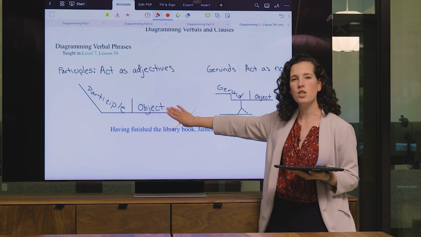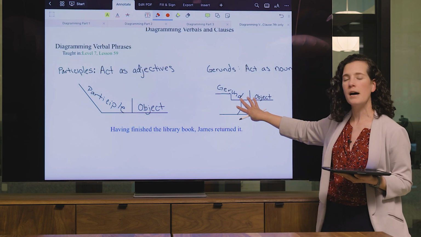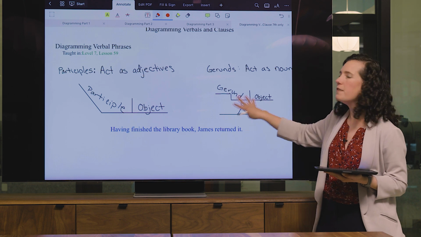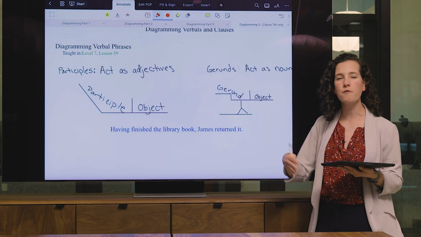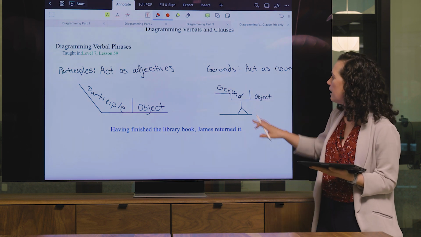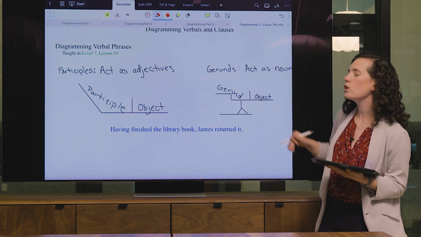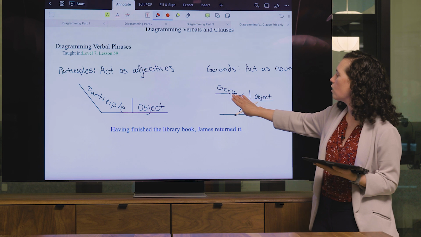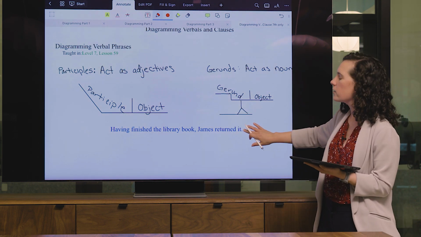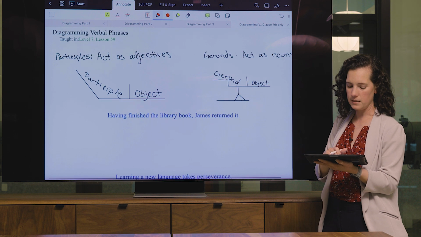A regular adjective or a regular adverb is never going to have an object, but these verbals can because they come from a verb, which can have a direct object. If they have an object, it's diagrammed like you would a regular direct object. It just goes with these words that act sort of like verbs. Let's see how it works with this sentence here.